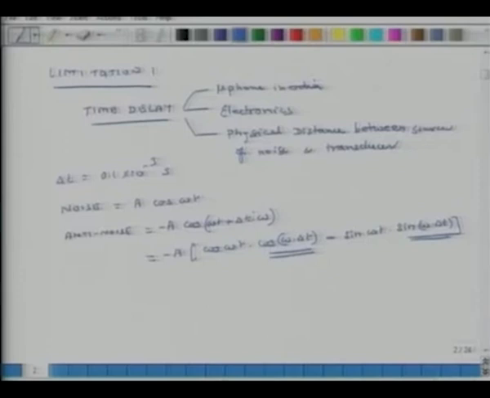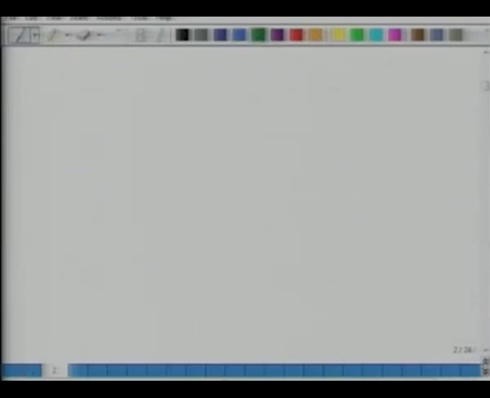So let's look at some actual numbers. We assume that delta t equals 10 to the power of minus 4 seconds and we evaluate for different frequencies the cosine omega delta t and sine omega delta t terms. So I am putting frequency in hertz: 50, 100, 200, 400, 800.